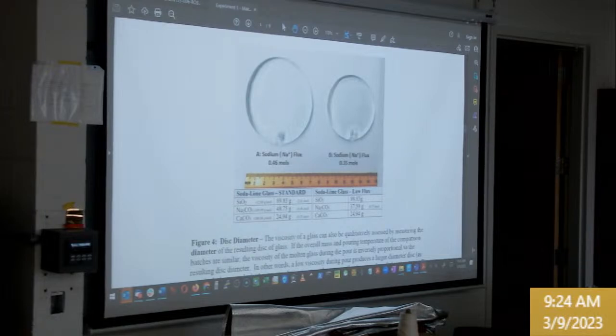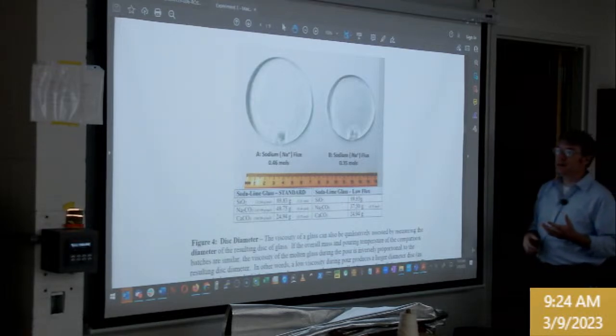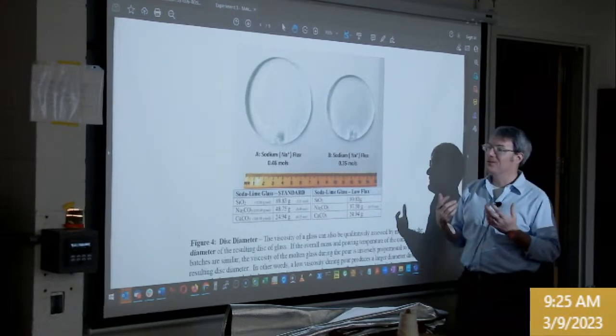Another clue is the resulting diameter. We have roughly the same composition weight in the crucible right now. But high viscosity glass has a harder time clearing from the crucible. And also, once it hits the metal plate, which is called the marver, it doesn't spread out as much. So as a result, the diameter of your glass is also a semi-quantitative way to benchmark relative viscosity.